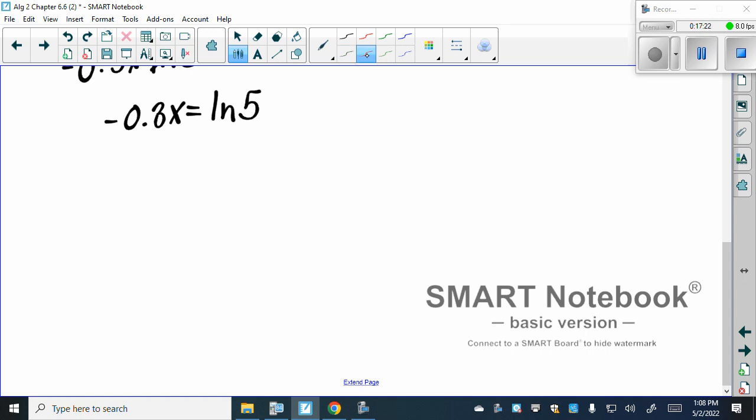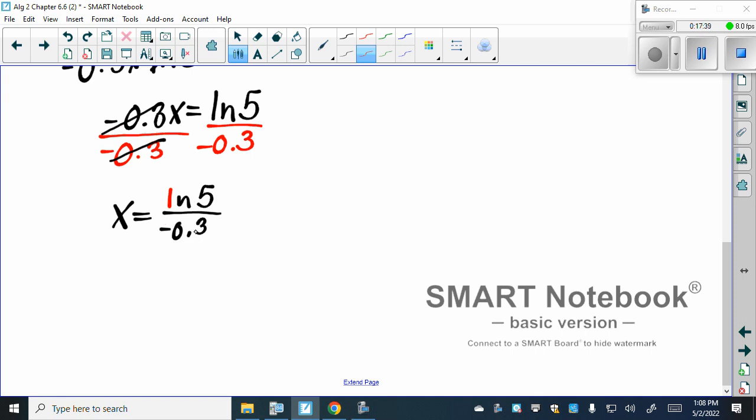So last but not least, to solve this, we would divide by negative 0.3. That way, these simplify to 1, giving us x is equal to the natural log of 5 over negative 0.3. Any questions on this here?